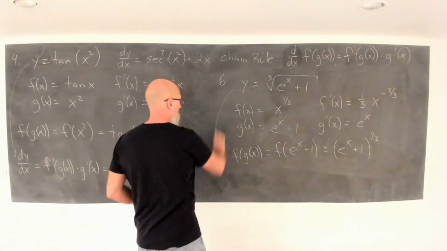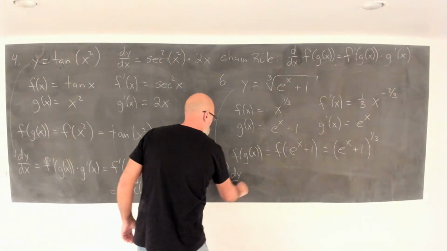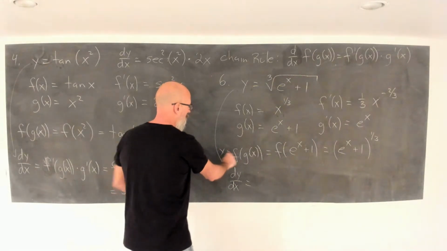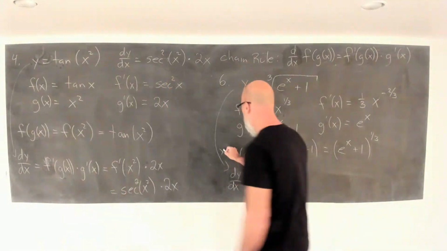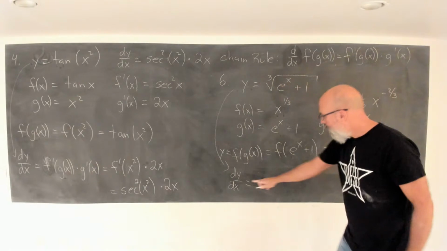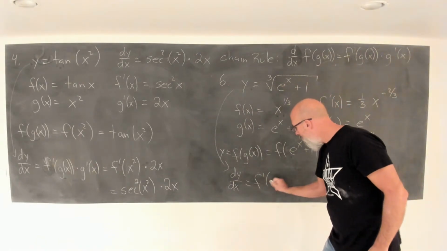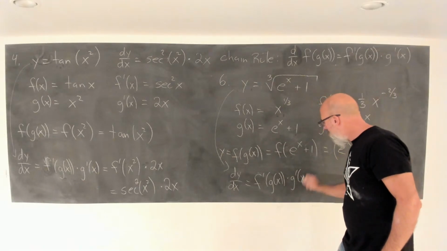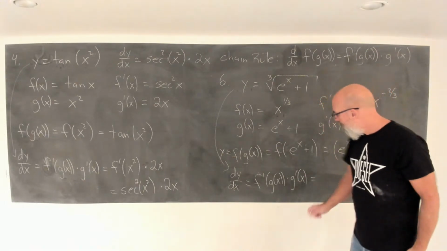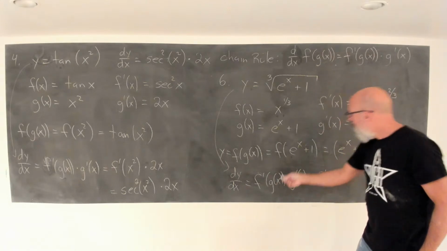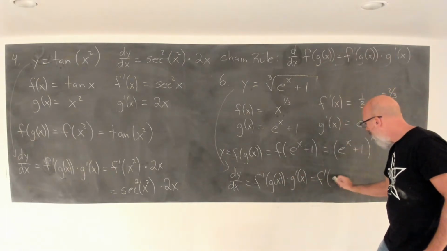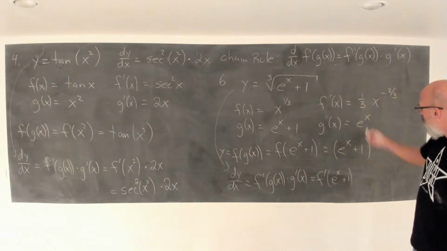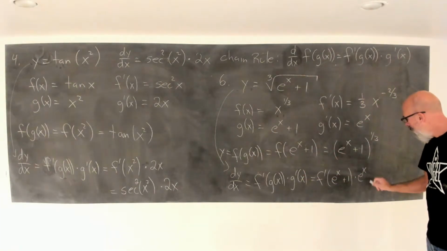So let's put everything together. dy/dx, y, which is the composition f of g. So the derivative is f prime of g times g prime of x. g is e to the x plus 1. g prime is e to the x.